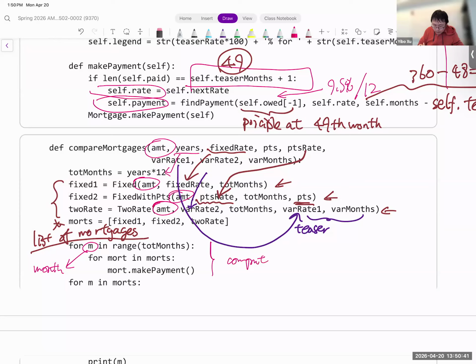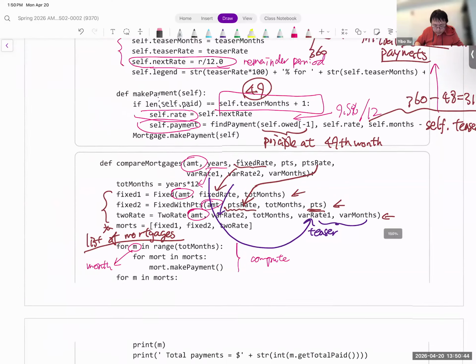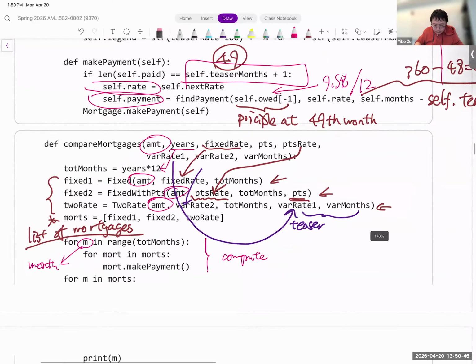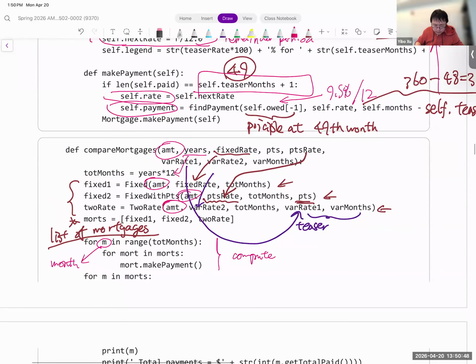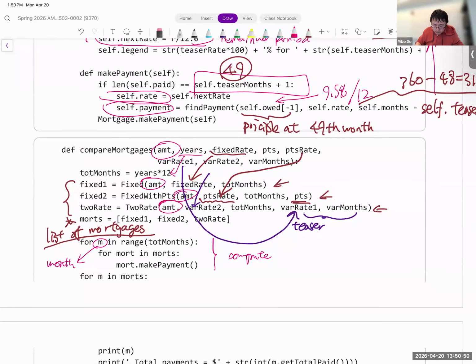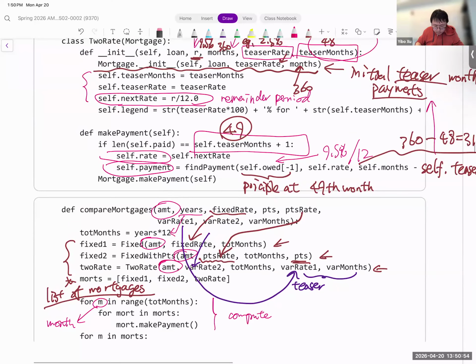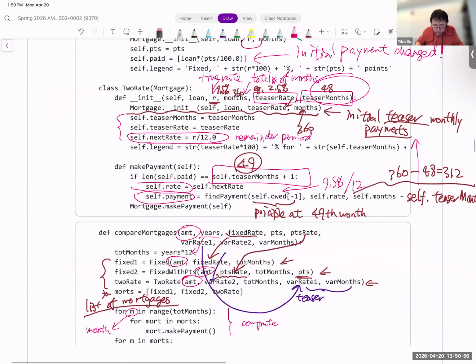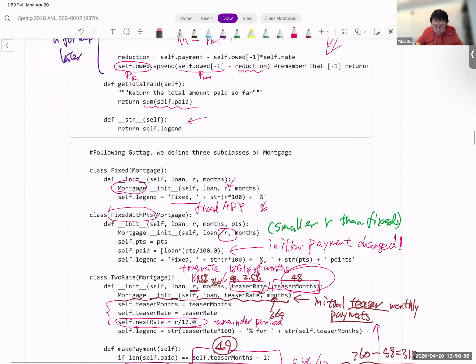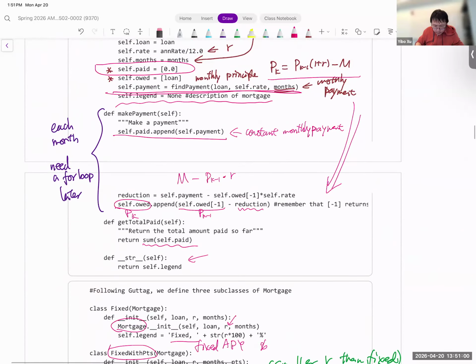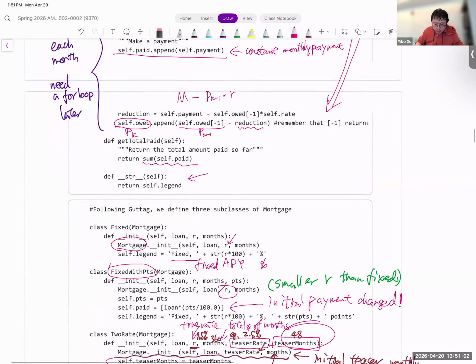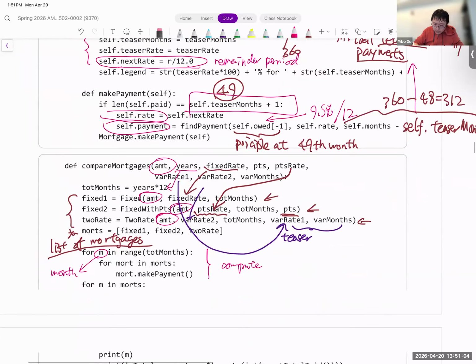So this is compute. What are the sequences that I need? Make payment, make payment, make payment. I have paid and owed, right? Paid and owed.